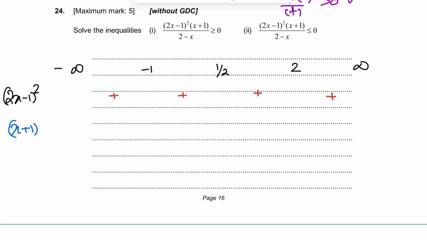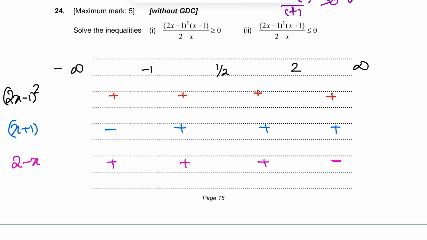X plus 1 will be negative over here, and this is negative 1 to 0 is negative 0.9. So this is positive, and positive. Then 2 minus x. This is positive, and this is still positive, and it is still positive and negative.